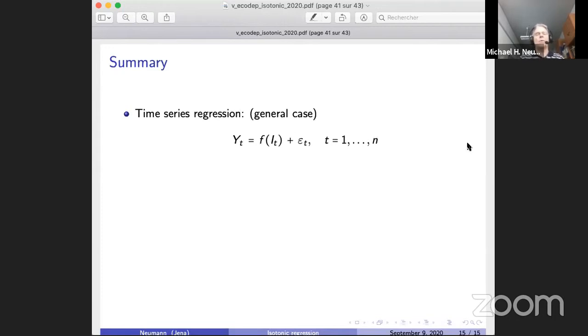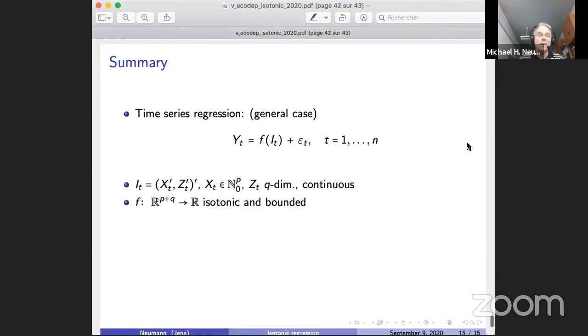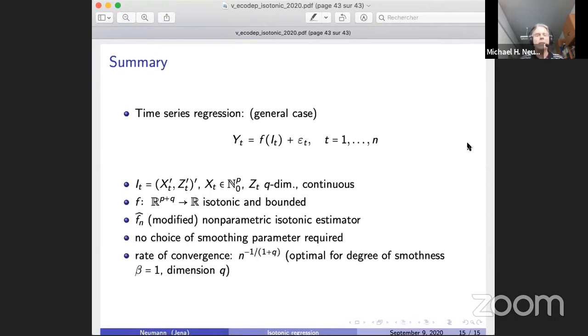It could also contain exogenous variables or a trend. All these things are possible. So next part of the slide. As already said, this information variable can consist of several components. F was assumed to be isotonic and bounded, and maybe last part of this slide.